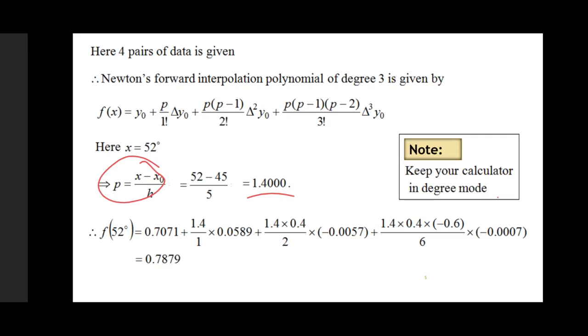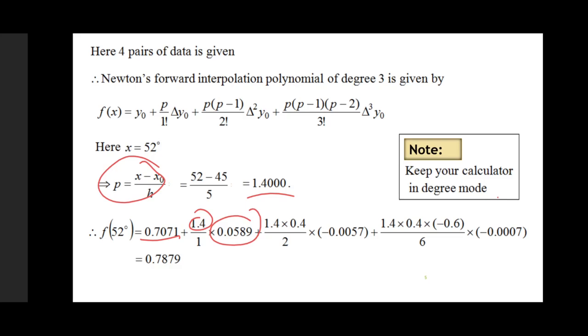The first term is simply y naught, which is 0.7071. The second term is P into delta y naught. Here we substitute P equal to 1.4 and delta y naught equal to 0.0589. The third term is P into P minus 1 divided by 2 factorial into delta squared y naught.